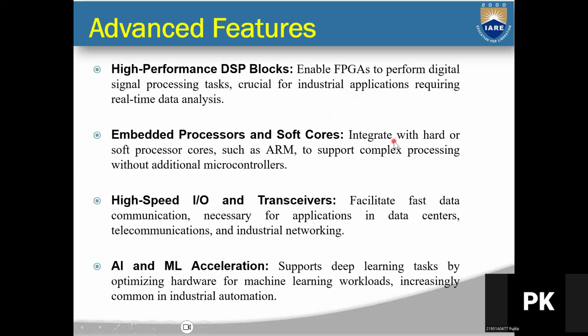This is used to integrate with hard or soft processor cores such as ARM, complex processing, and additional microcontrollers. The third feature is high-speed input-output and transceivers. This is to facilitate fast data transfer for applications in data centers, telecommunications, and industrial networking.